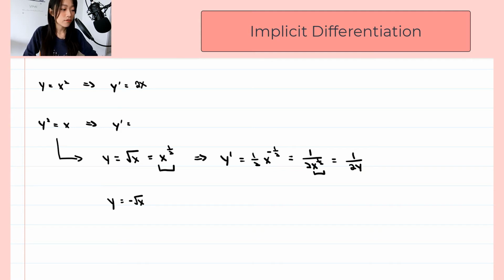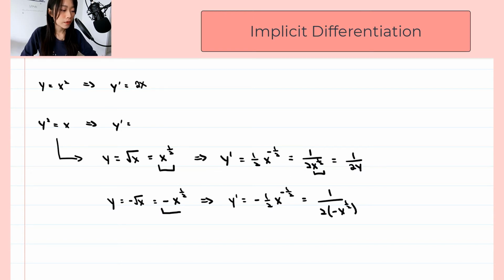Now let's look at the other function, which equals negative x to the power of half. Then we can use the power rule to find that y prime equals negative half times x to the power of negative half, which also equals 1 over 2 times negative x to the power of half.